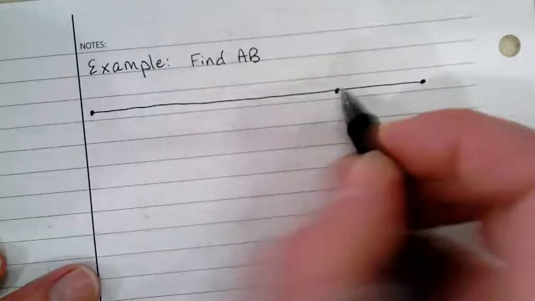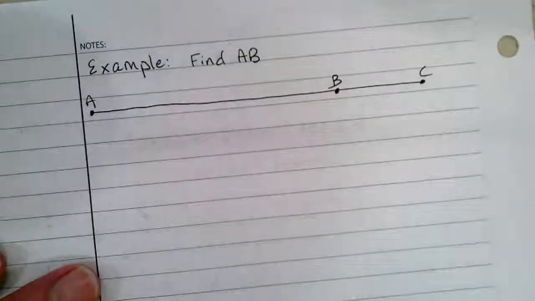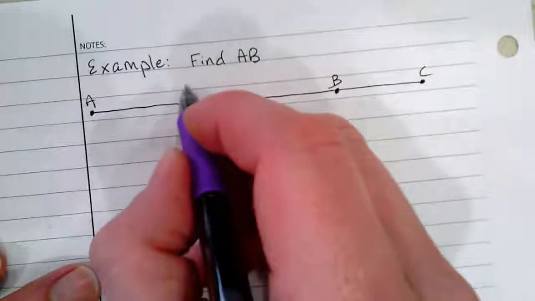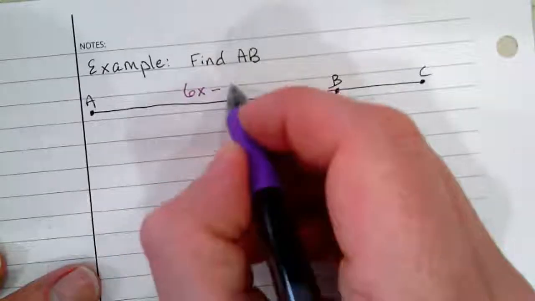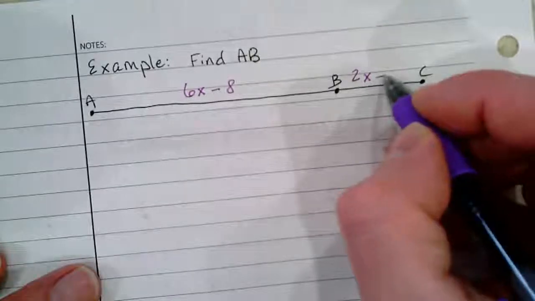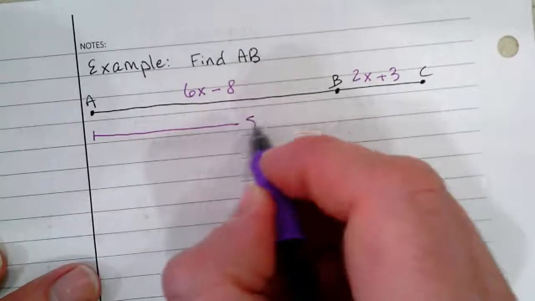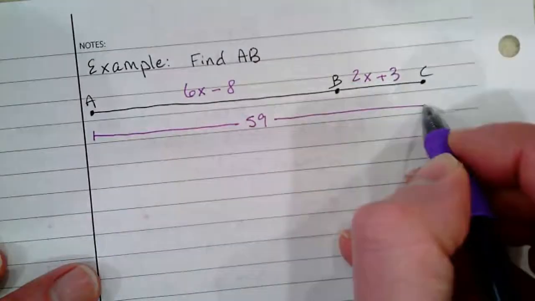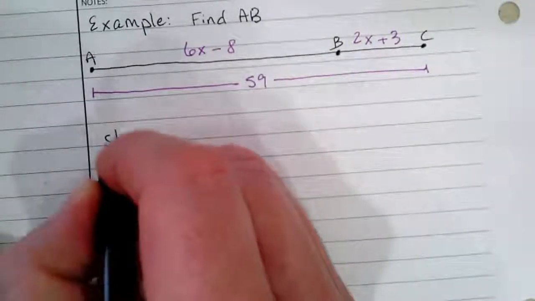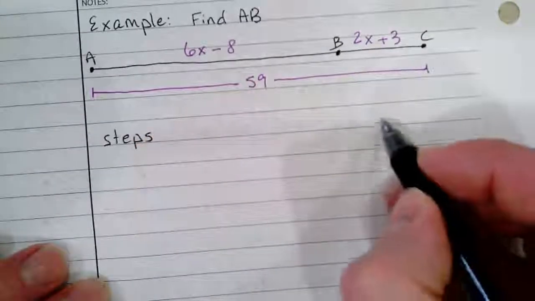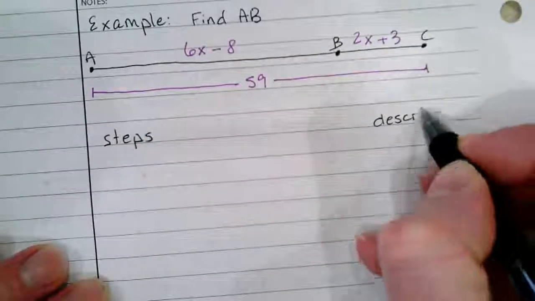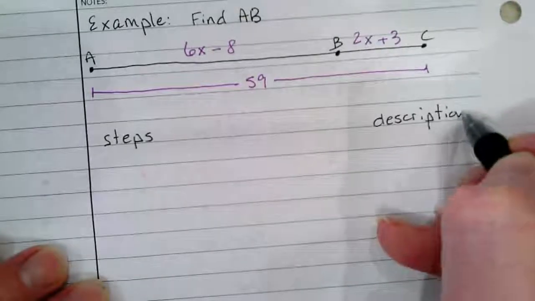We've got A, B, and C. AB is 6x minus 8, BC is 2x plus 3, and AC down here is 59. So then we have our steps and our descriptions.